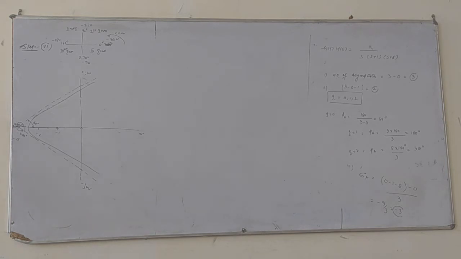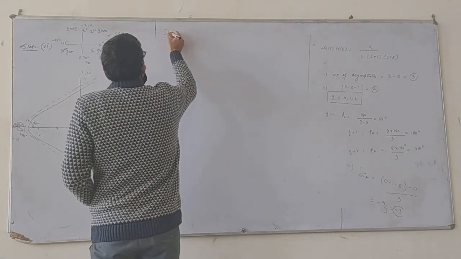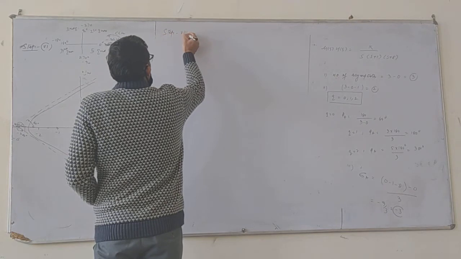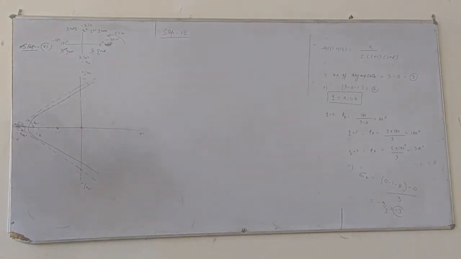Okay, next is step number 8. The points at which the root locus crosses the imaginary axis for a negative feedback system can be calculated as follows.